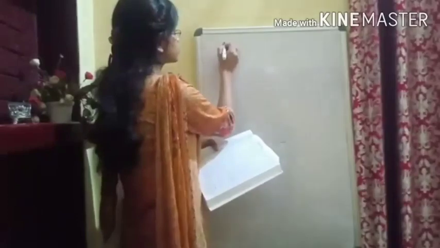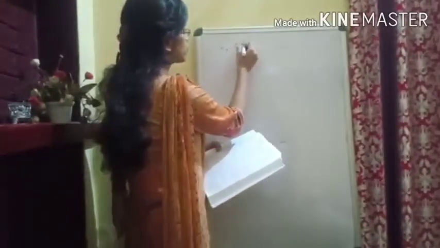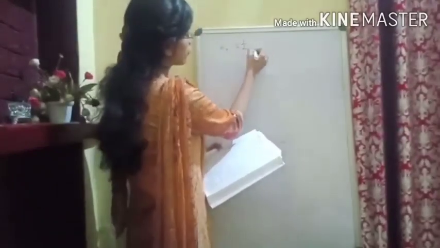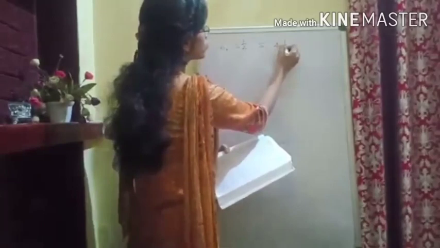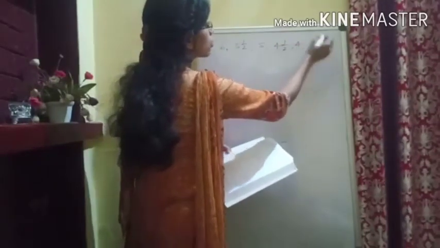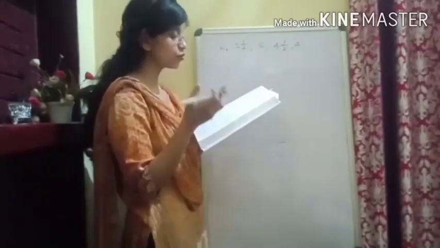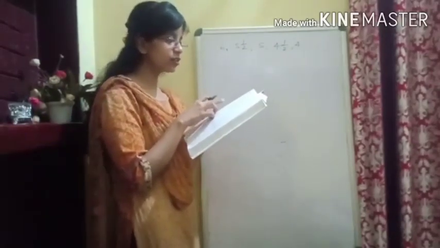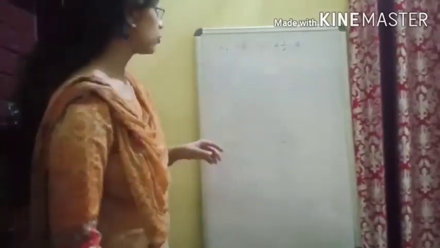If I write 6, then we have a mixed fraction 5 whole 1 upon 2, and I have 5, then 4 whole 1 upon 2, 4. This is all given in AP. And then they are asking you to calculate again the first term, common difference, and the 9th term of this sequence.